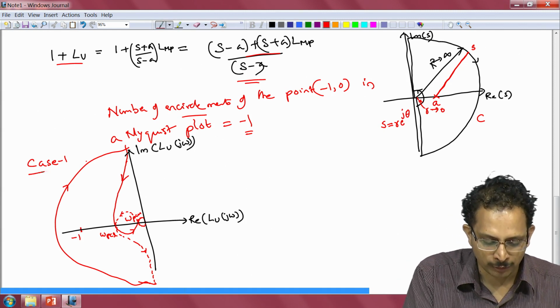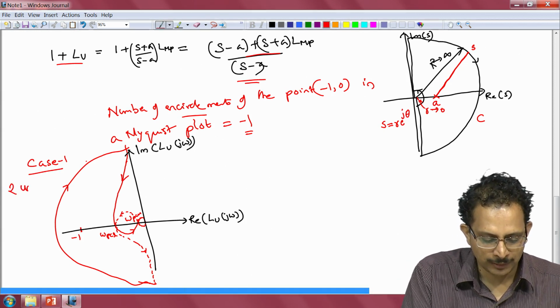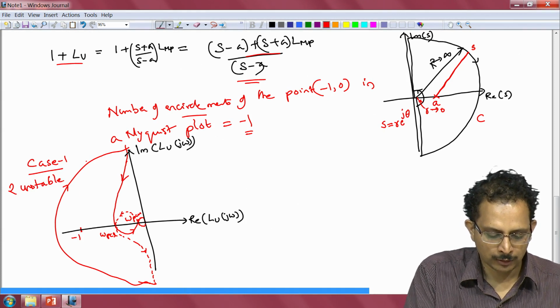So in case 1 therefore we would have two unstable closed loop poles.